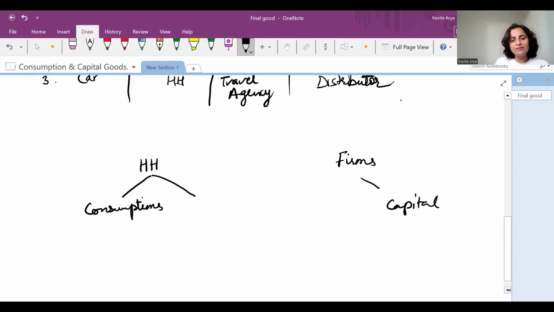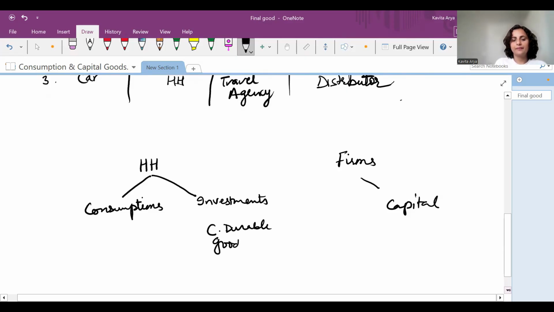Households also do have some sort of investments in the form of consumer durable goods, right? My point here is that investments and long duration goods, when used by households, are not called capital goods, because we very often use the term capital in the context of production capacity for selling as a producer.